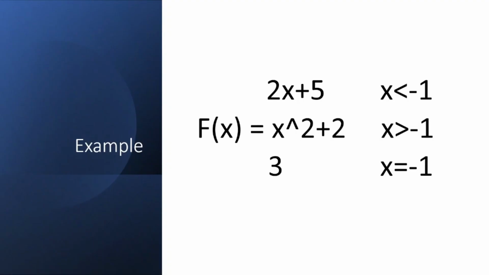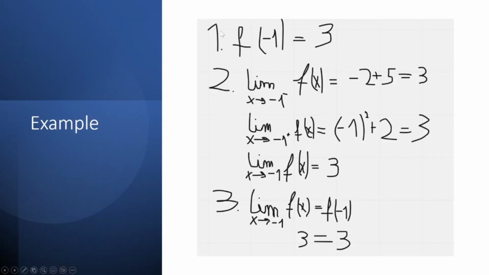Okay, here we have an example, which I will evaluate. Sorry for the quality, but it's hard to do without using the mouse. Here is the first step, like I mentioned: f(-1) is 3.